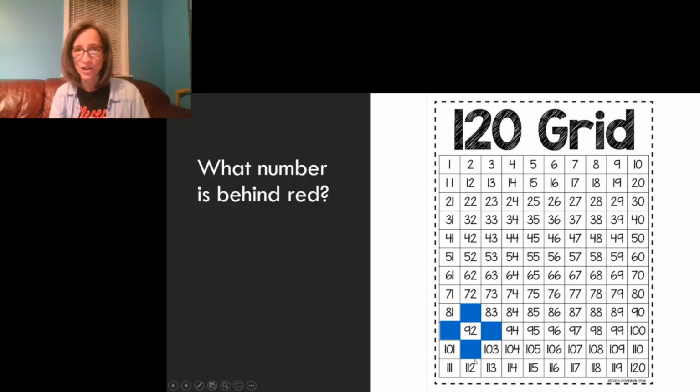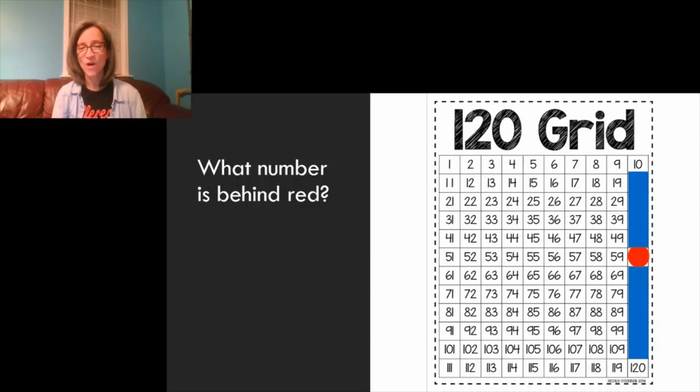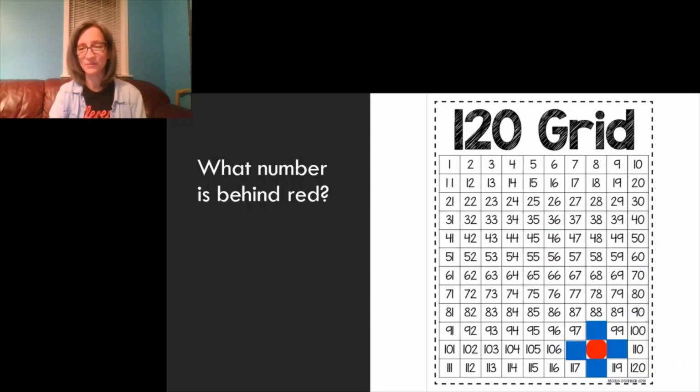Are you ready for another tricky one? What number is behind red? Did you say 41? 41 was behind red. What number is behind red? 60. 60 was hiding behind the red circle.